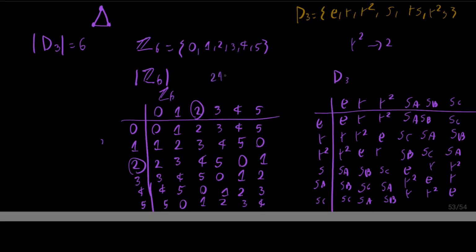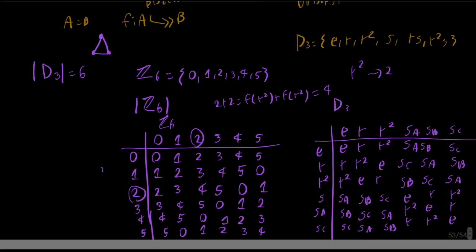So 2 plus 2, which is f of r squared plus f of r squared, is equal to 4. But 4 here gets mapped to s, so this is f of s. But if I combine r squared and r squared inside of this other group, we get r, but f of r is 1.